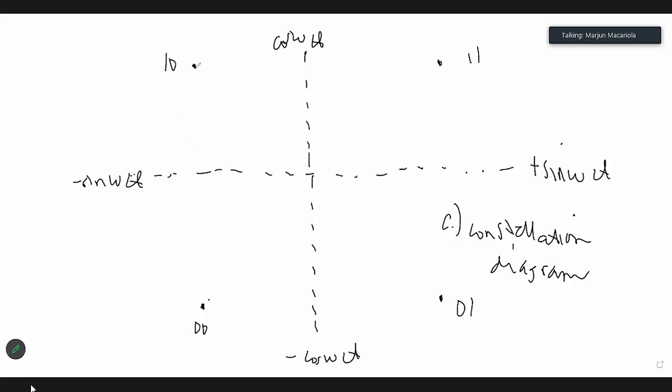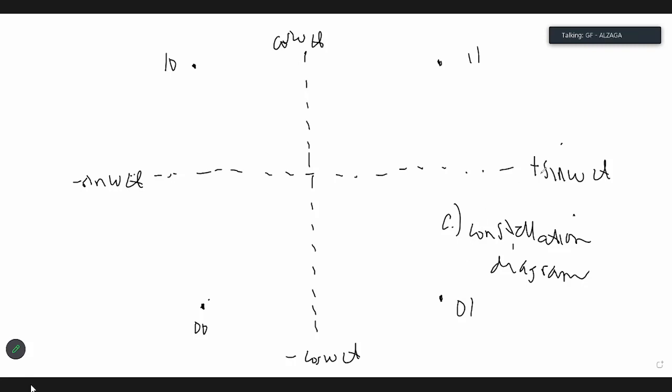Okay? So bakit ganyan? Yan ay nakabasis pa din sa angle, ha? So ang angle nito ay positive 45, ito ay positive 135, this is negative 135, and this one is negative 45 degrees. Okay? Okay na, na-gets?